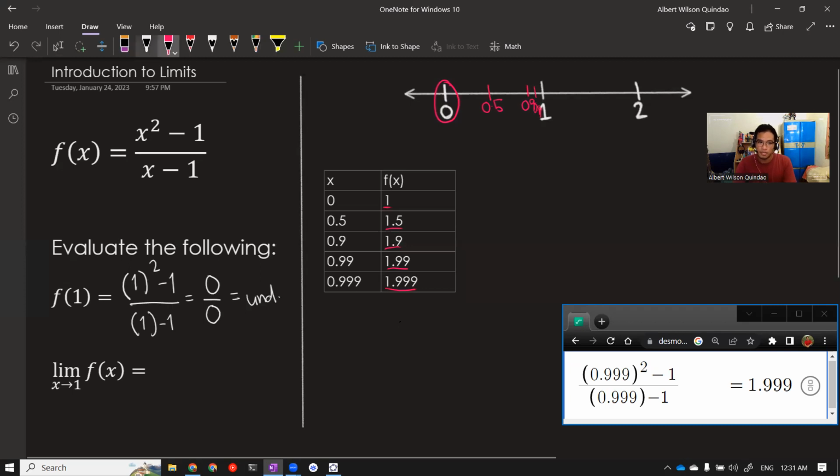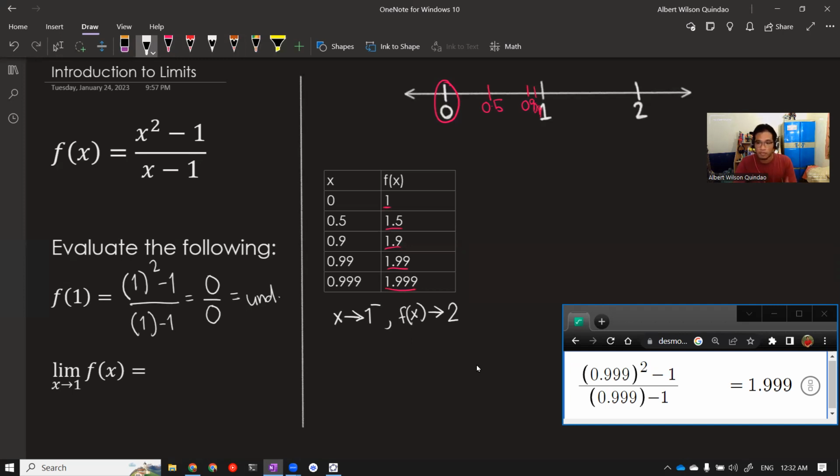Okay? So it seems like as x approaches 1 from the negative direction. So remember, nag-start tayo dun sa left ni number 1. So parang ang nakikita nating pattern dito ay si f of x, papalapit siya ng papalapit kay number 2. Or f of x is approaching number 2.